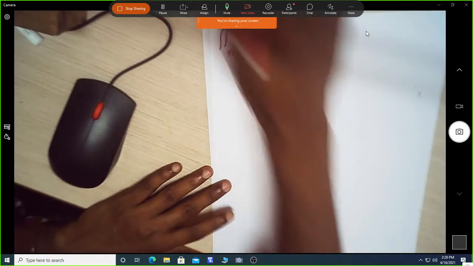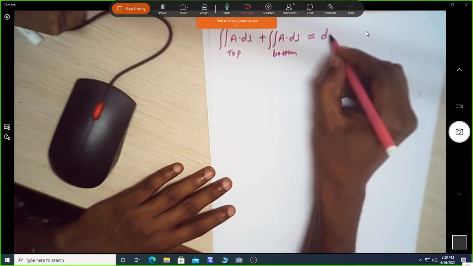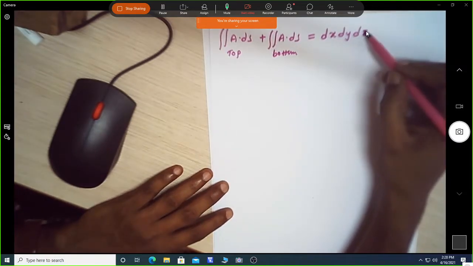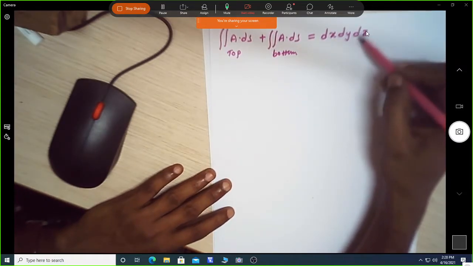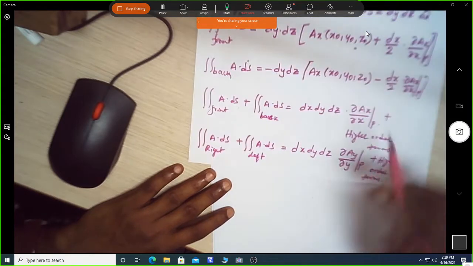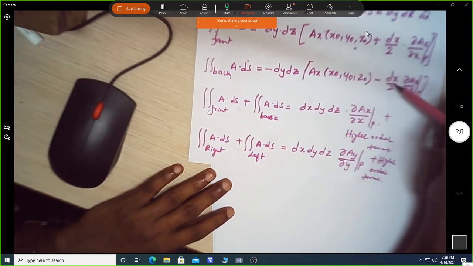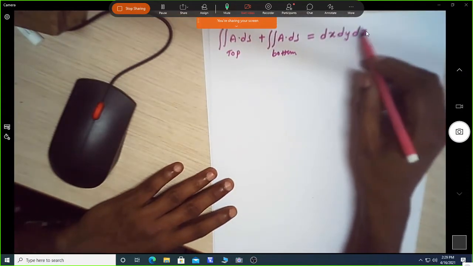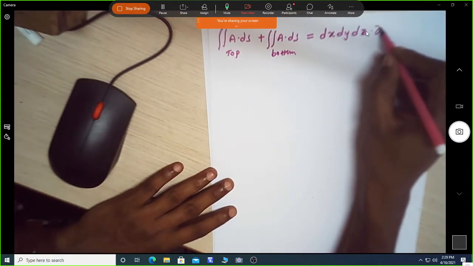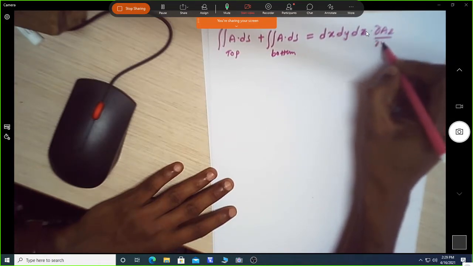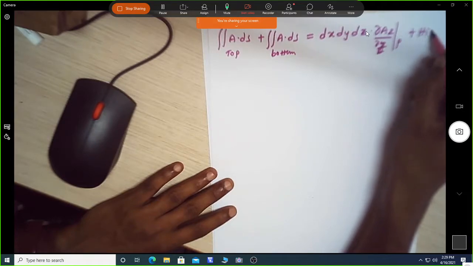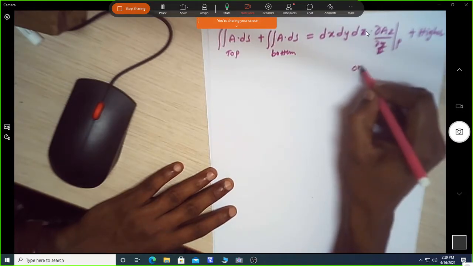So again you will get dx dy dz. In the z direction, dz by 2 plus dz by 2 will add, so it will become dz, into del Az by del z at point P plus higher order terms.